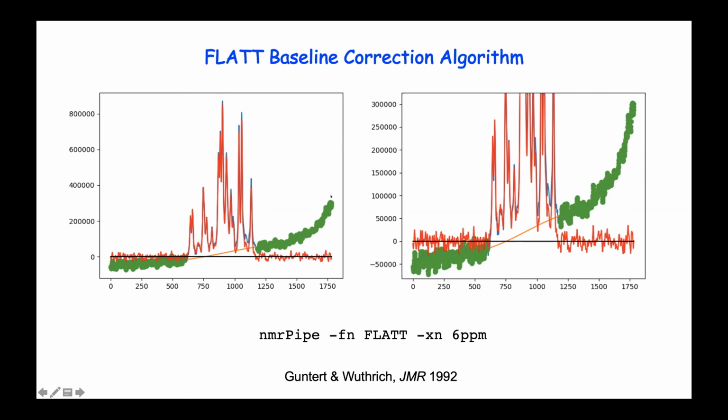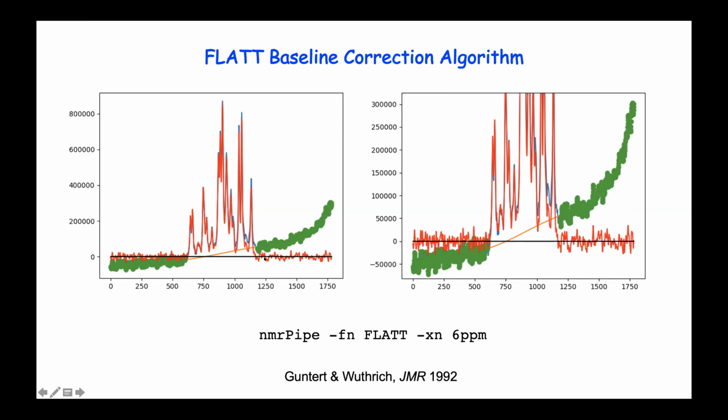Basically, it does an inverse Fourier transform of these baseline segments, and asks what time points correspond to those baseline distortions. Therefore, you subtract those time points from the real data, and you get a flat baseline like this, okay?